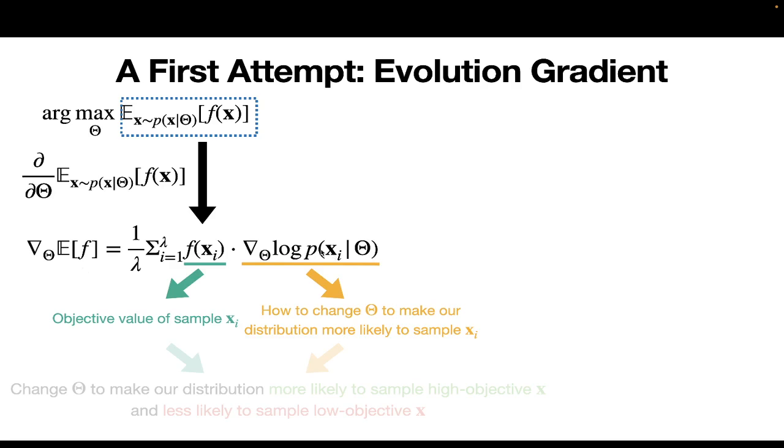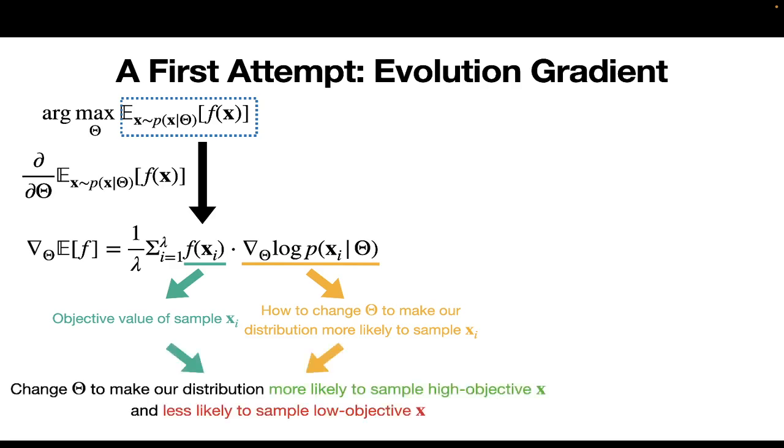Crucially, the weight given to each gradient is the objective value of that sample, so higher objective value samples get their gradients scaled up more, and lower objective value samples get their gradients scaled up less. So our overall update is going to make our distribution more likely to sample high objective samples and less likely to sample low objective samples.